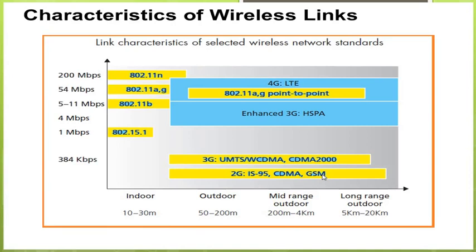These are some of the characteristics of wireless links. Here we have placed the wireless links on a comparison scale. You can see the Wi-Fi standards 802.11 n, a, g, b, and so on.